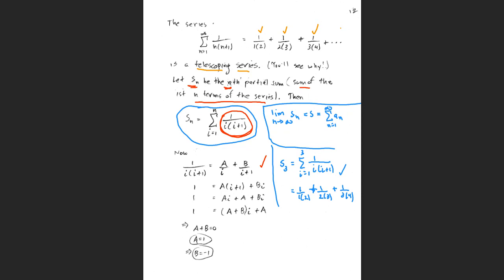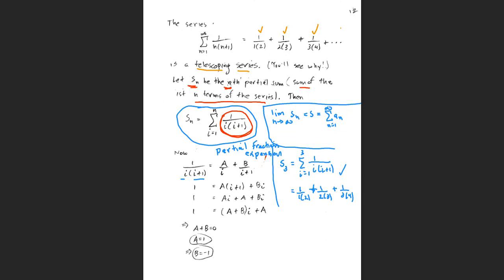Partial fractions. That's right, Taj. This is a partial fraction expansion, and since I have the linear terms i and i plus 1 in the denominator, this is the expansion. And of course, we need to solve for A and B.